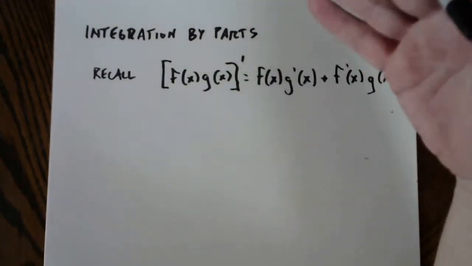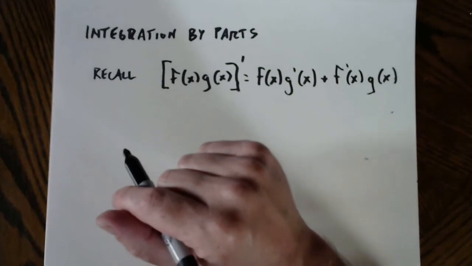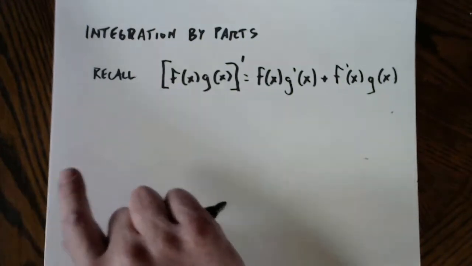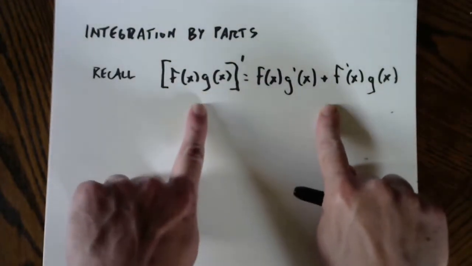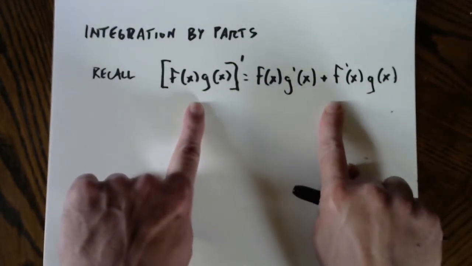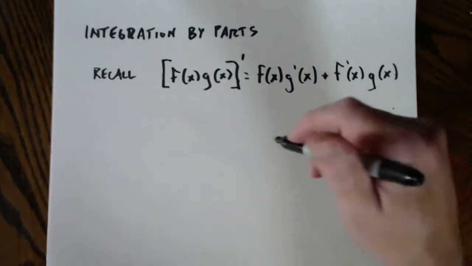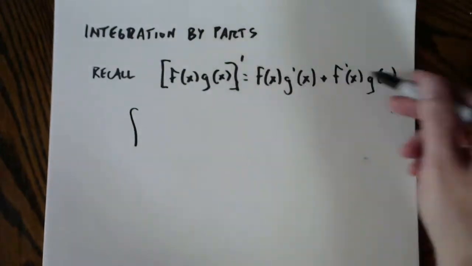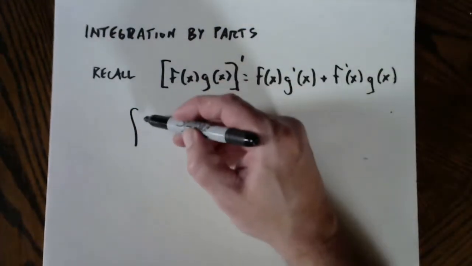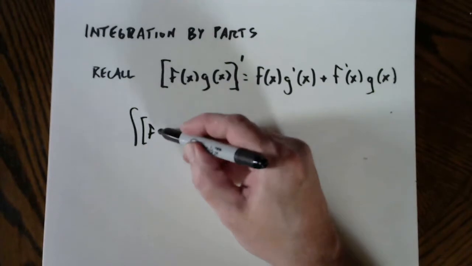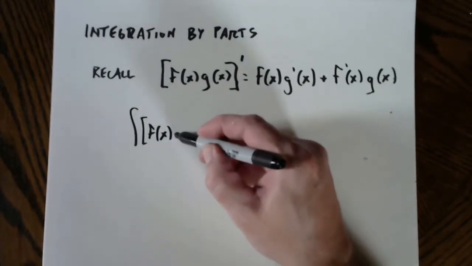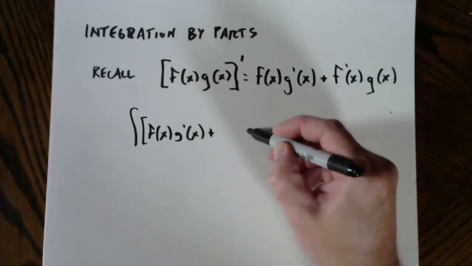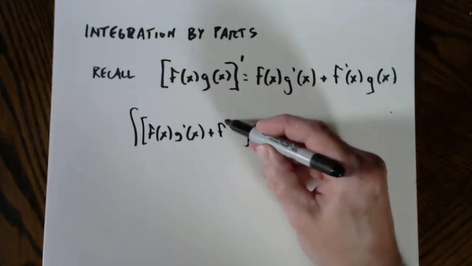So, what's the big deal? Well, let's anti-differentiate each side, and I'm going to flip this. So I'm going to do both of those at once to save a step. That gives me the integral of whatever this mess is: F g prime, first derivative second, second derivative first.